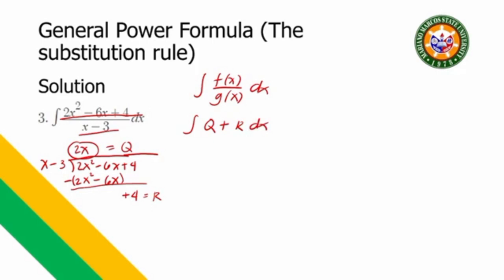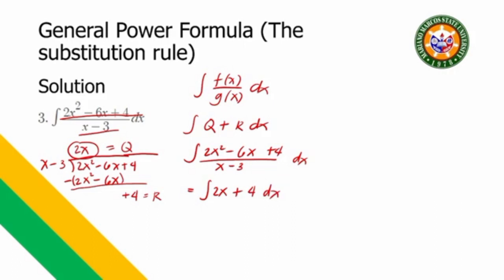So from our equation, the integral of 2x squared minus 6x plus 4 all over x minus 3 dx will be equal to the integral of 2x, our quotient, plus 4, our remainder, dx.